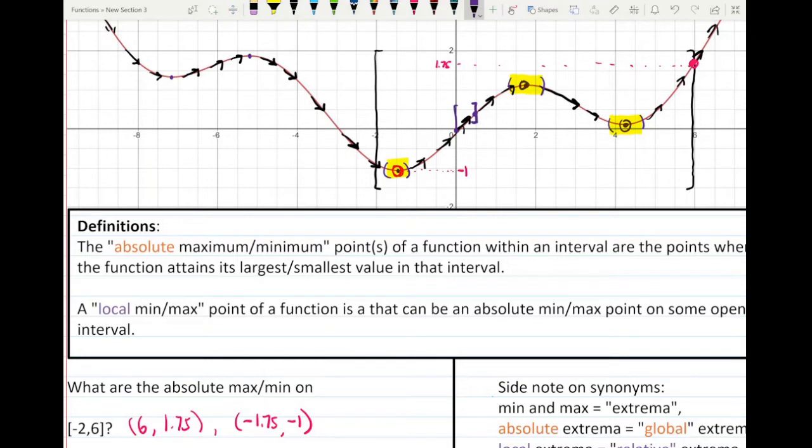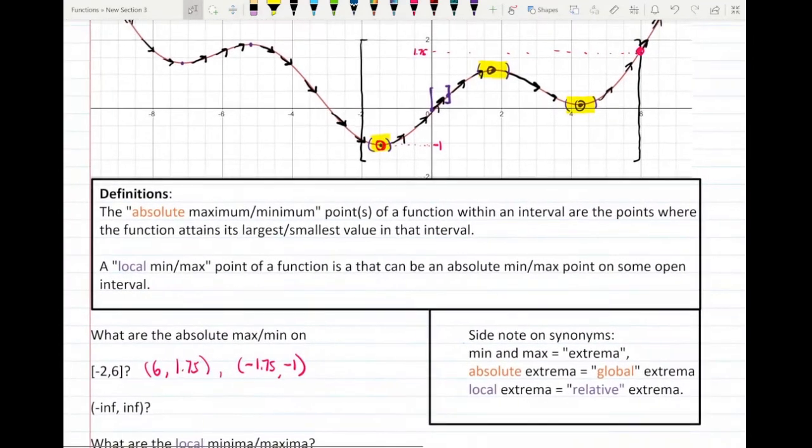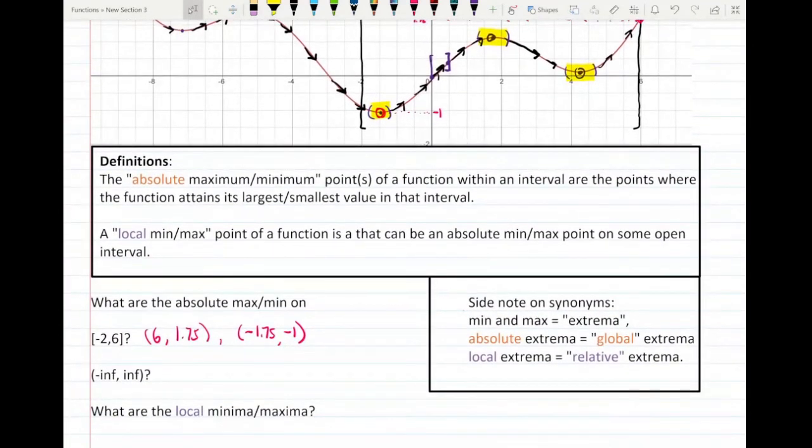We don't want our definition to include these middle points on the slope of this mountain, because those don't really capture anything meaningful. They don't capture the turningness of the function like the crests of hills and bottoms of valleys do. But in any case, the local minima happen at about minus 1.75, minus 1, so the same as that global minima from before.